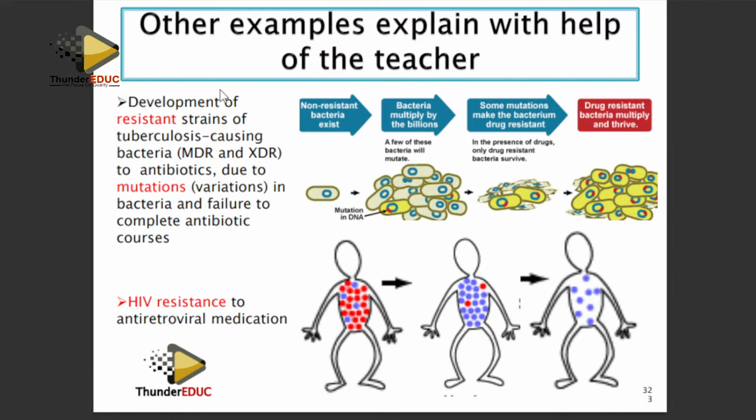Those which are resistant to antibiotics, what happens? They will survive the first application of the antibiotic. And those which are non-resistant to antibiotics will die in large numbers. Those which are resistant to antibiotics will reproduce and pass the allele for resistance to the next generation.